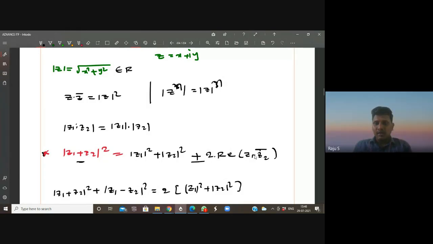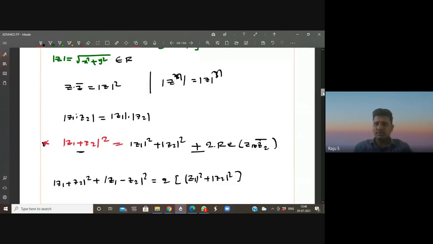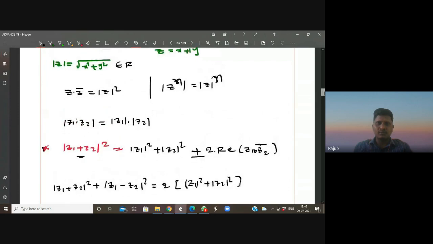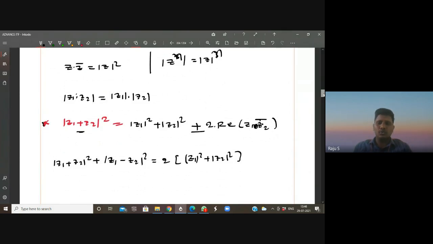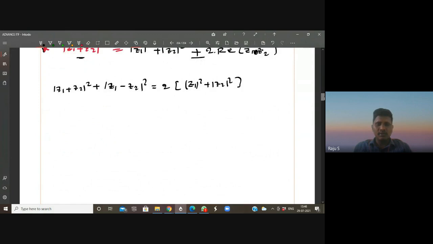Yes, z1 z2 conjugate. Even you may write z2 z1 conjugate also, that is also correct. I have written z1 z2 conjugate; instead of that, you may write z1 conjugate into z2 also. Clear?